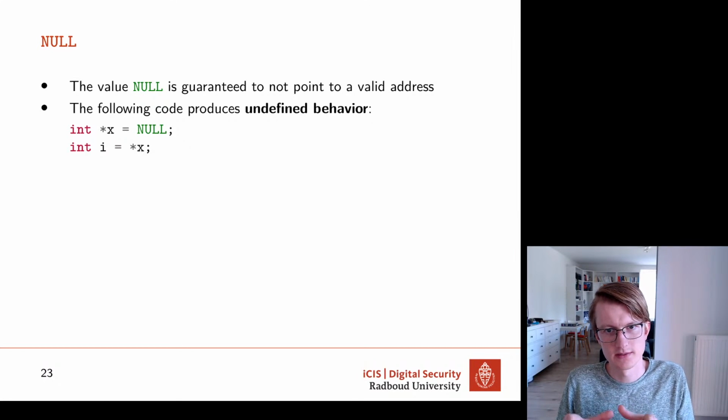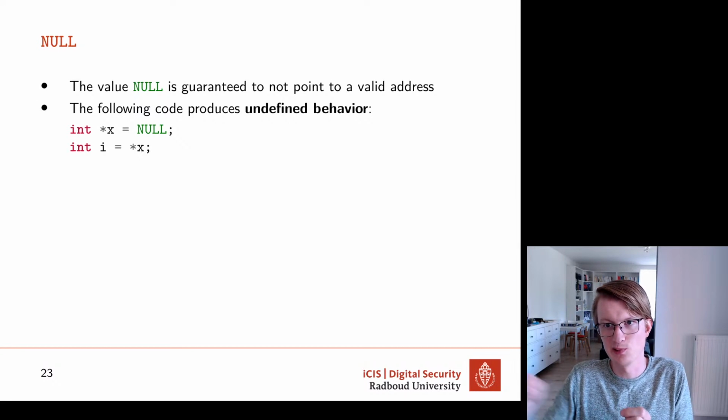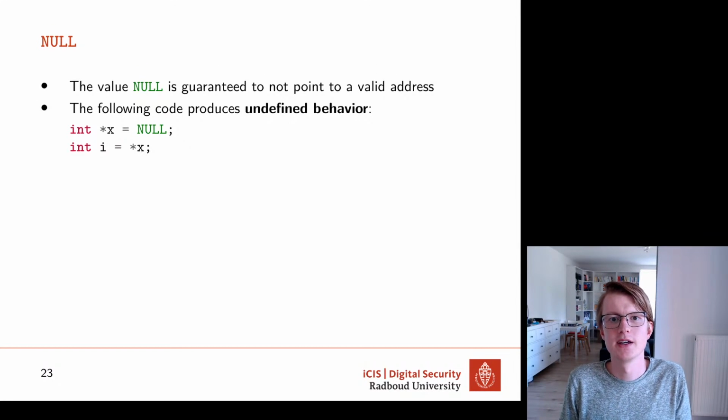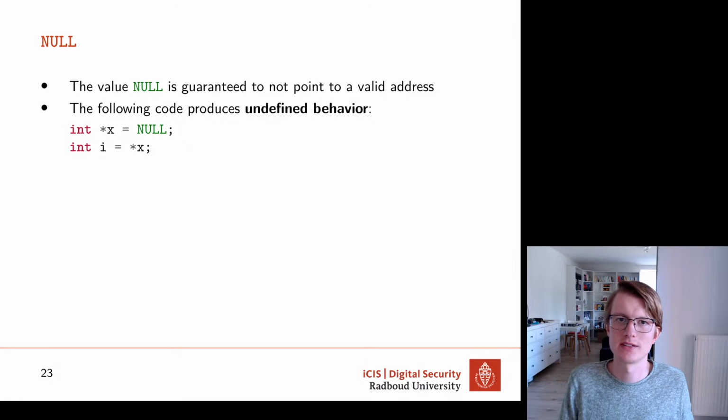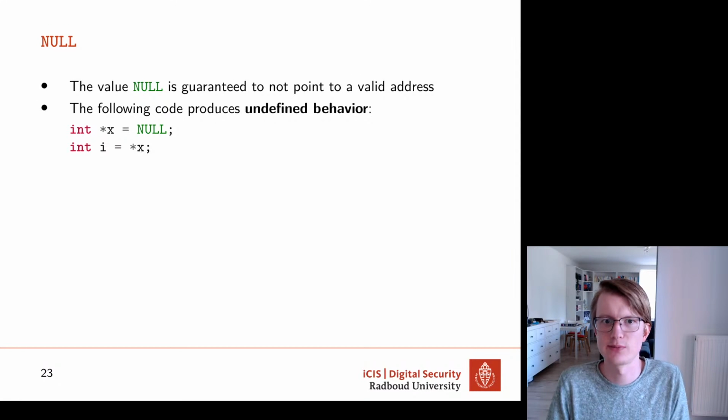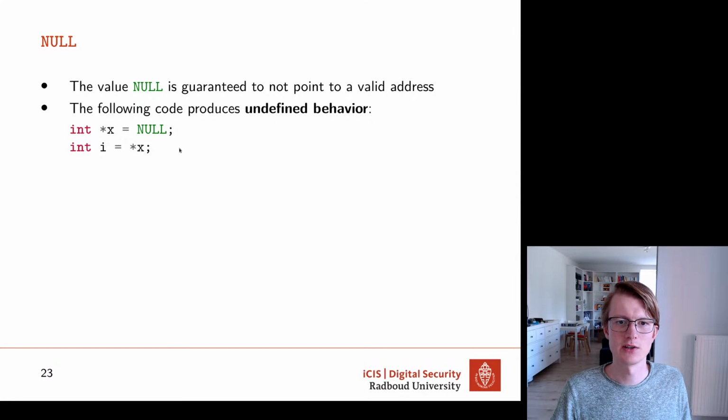Then there's this thing that if you take an address that is not pointing to a valid piece of memory, then dereferencing it obviously does not make sense. You cannot go to this not valid place and see what is there, because there is no such place. So dereferencing a null pointer, like in this line, is a problem.